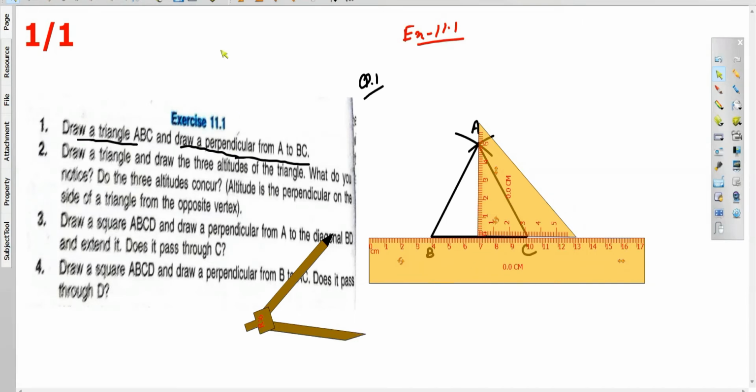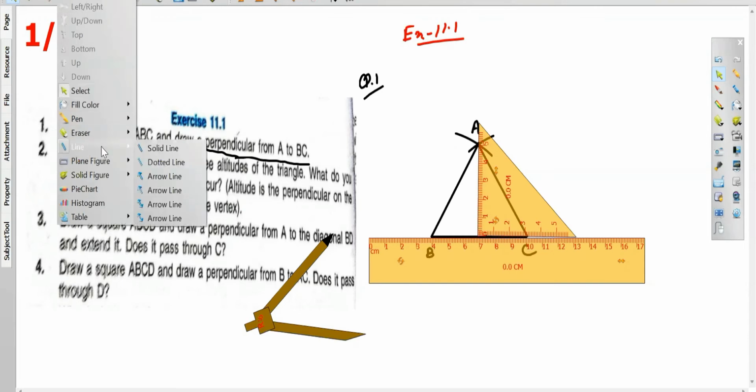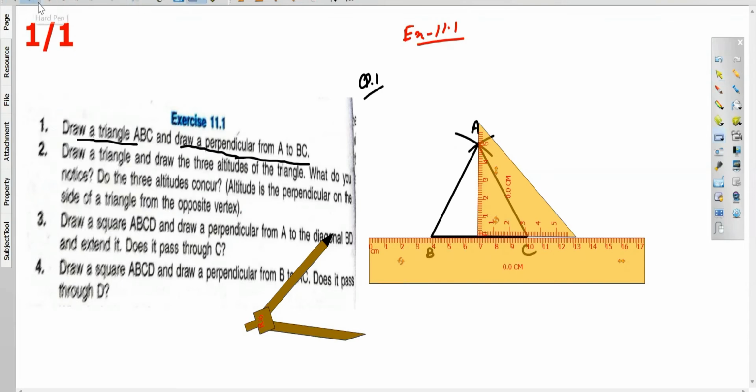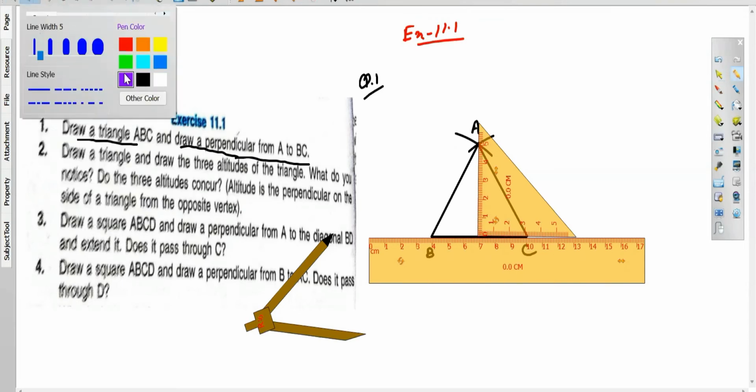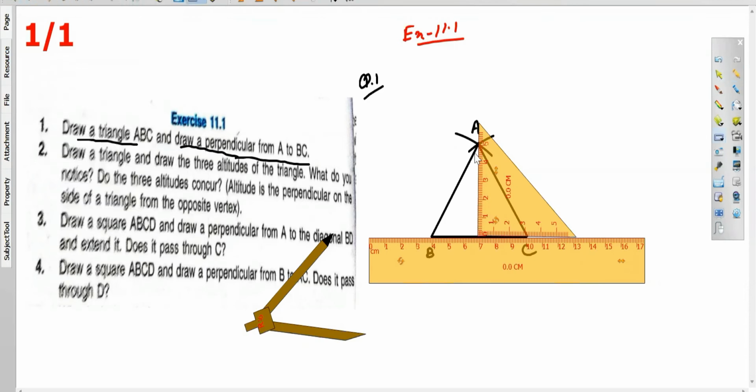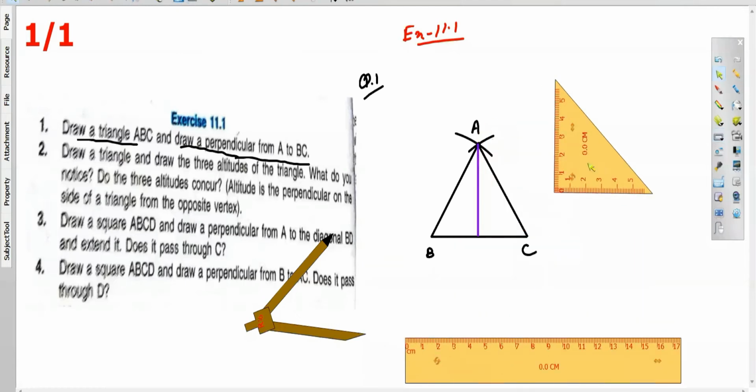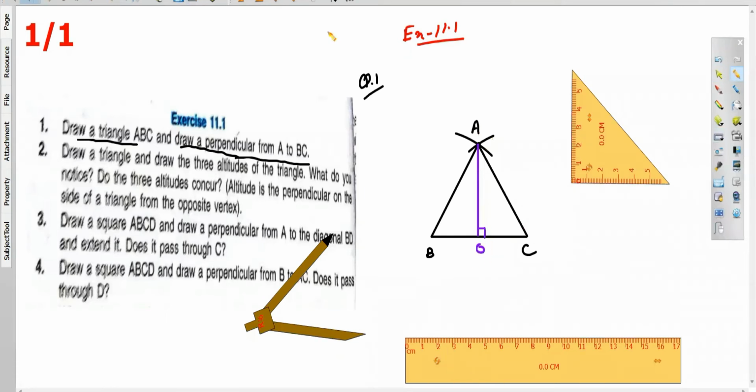अब फिर आपको स्ट्रेट लाइन ड्रॉ कर देना है. Now you need to draw a straight line. तो ये जो लाइन आप ड्रॉ करोगे विद द हेल्प ऑफ स्केल, that will be perpendicular. ठीक है. Now remove the set square, remove the scale and name it as O. Now I'll show you with the help of protractor that OA is exactly perpendicular to BC.